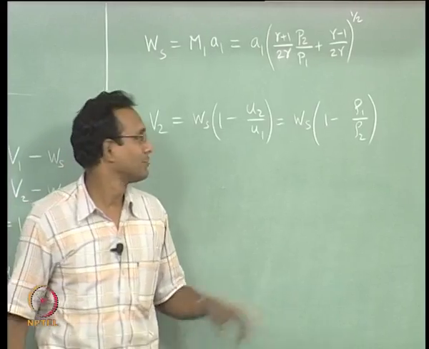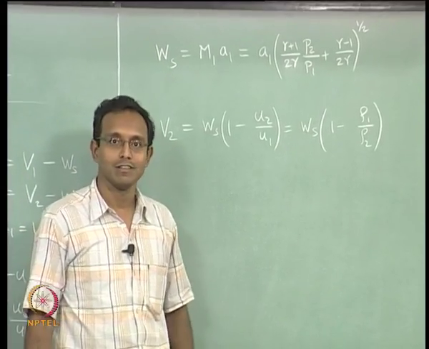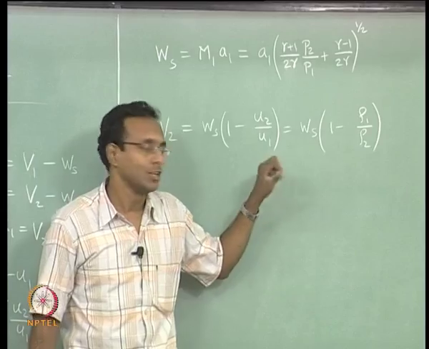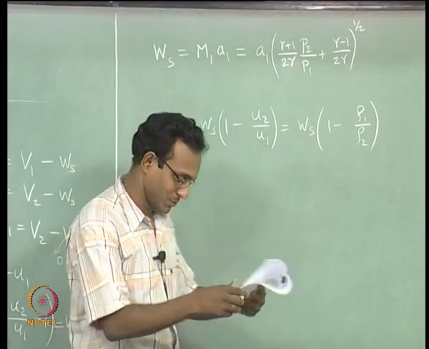We already wrote an expression for rho 2 by rho 1 in terms of P2 by P1. Now I am just going to invert that expression and write it.